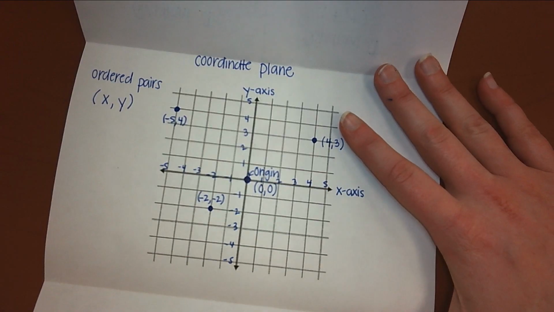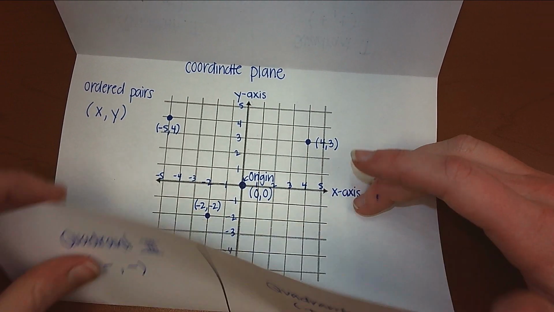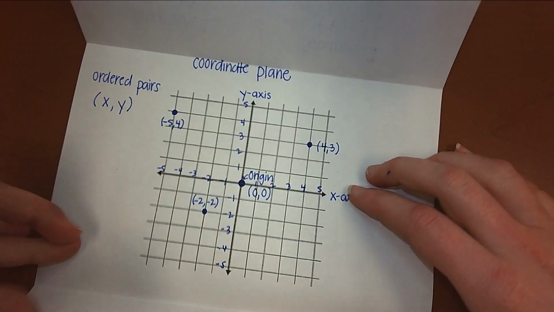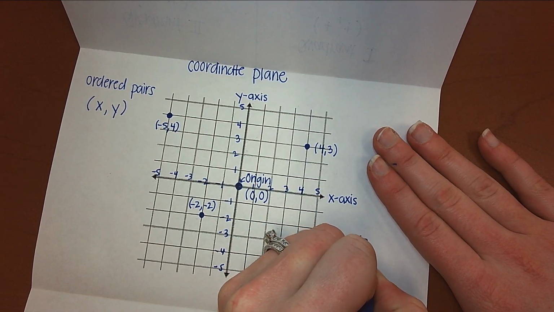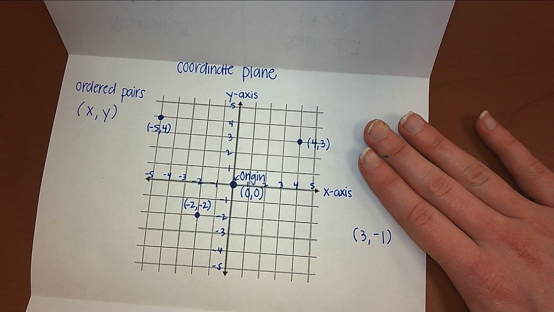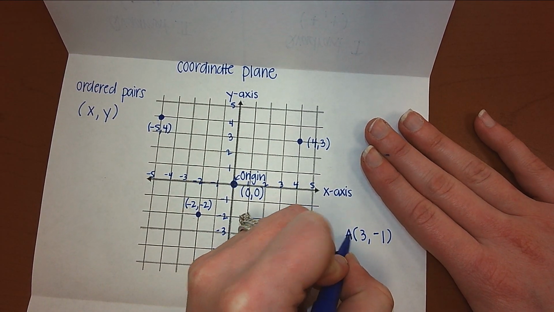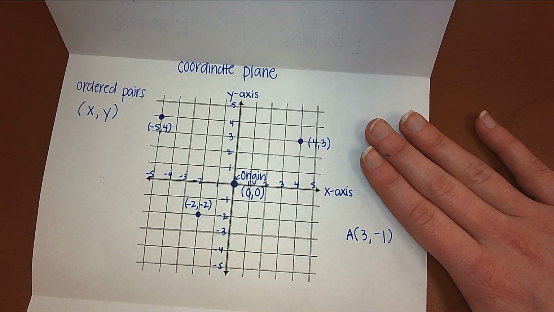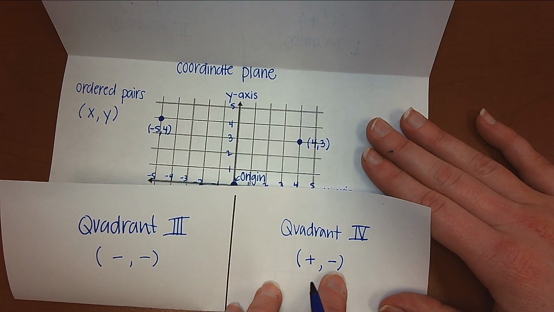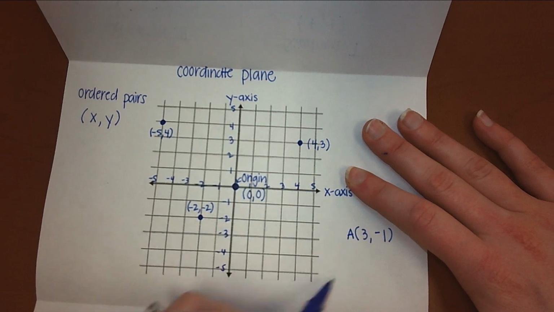I'm going to plot one more point in quadrant 4. Quadrant 4 is always going to be a positive and then a negative. And so I'm just going to give you a positive and a negative, 3, negative 1, as your ordered pair. And I'm going to ask you to label it with a letter A. A positive and a negative number tells us that this point's going to be in quadrant 4, so it's going to be somewhere over here.